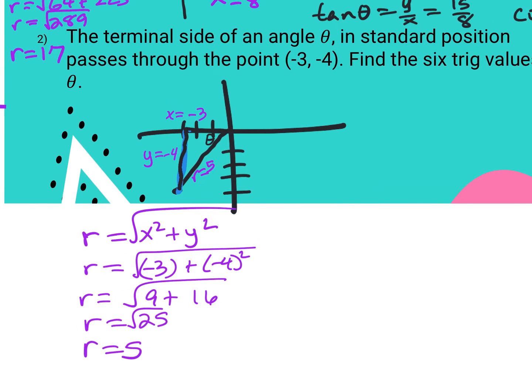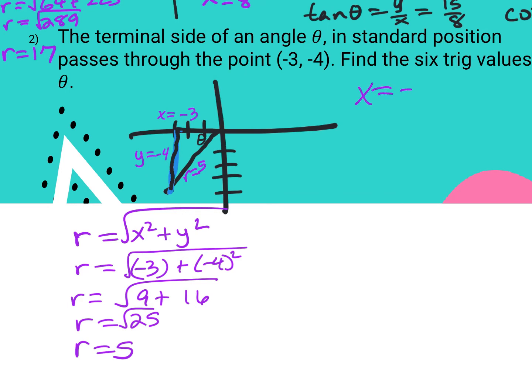Now that I found x equals -3, y equals -4, and r equals 5, all I have to do is plug them in to the 6 functions. Again, once I'm done, the only ones that should be positive fractions are tangent and cotangent. The other 4 are negative.